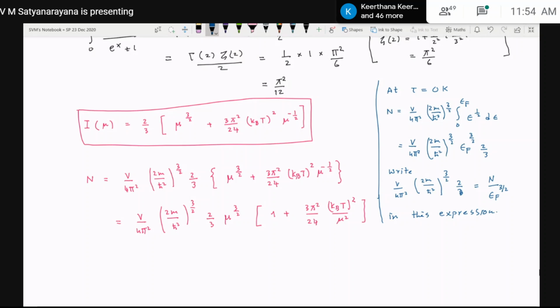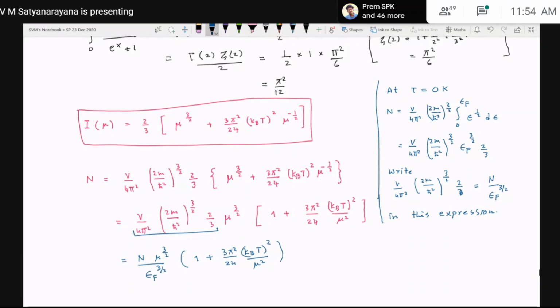If I do that, then I have n mu to the power 3 by 2 divided by epsilon f to the power 3 by 2, into 1 plus 3 pi square by 24 into (kBT) the whole square divided by mu square.